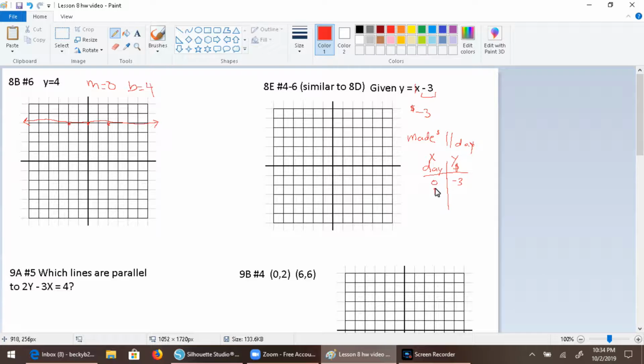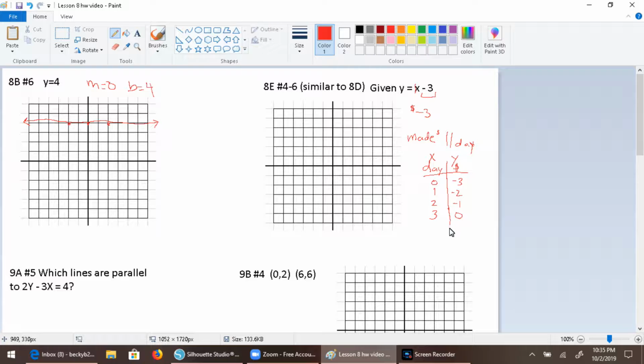On the first day, he made $1, but he had still borrowed 3, so now he has 1 minus 3, or negative 2. On the second day, he has $2 now because he's made $1 every day. 2 days, $2, minus the 3 he borrowed to start with, so he has still minus 1. On the third day, he makes the third dollar, and since he had to subtract 3 to start with, he has now broken even. Well, that's good.